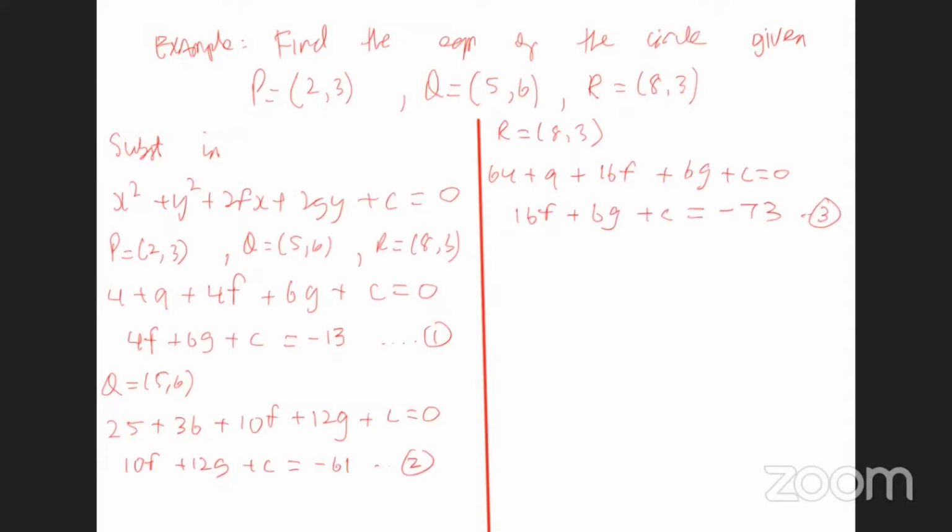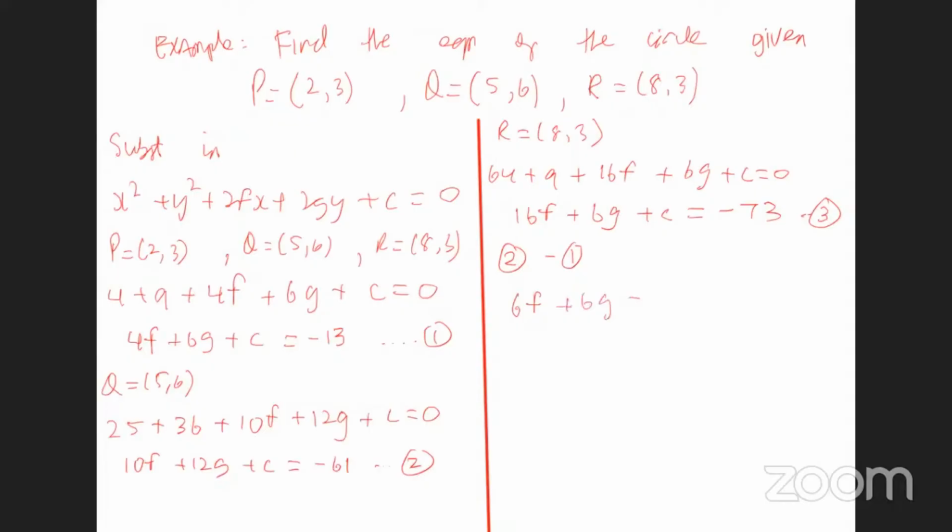One of the ways to eliminate C is to subtract, let's say, equation 1 from 3 and 2. Or you can make C the subject in equation 1 and substitute. Either could work, but I will do 2 minus 1, and then 3 minus 1. 10 minus 4, I got 6F. 12 minus 6, I got 6G.